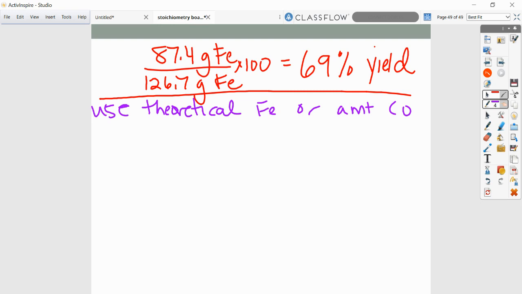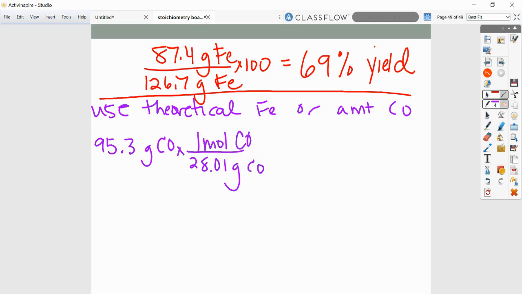I'll do it with the carbon monoxide, 95.3 grams of carbon monoxide. Go back to the balanced equation and you would find this mole ratio of 1 mole to 3 moles.